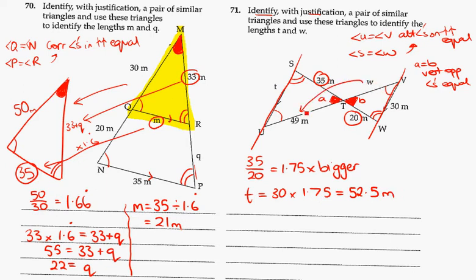And clearly W has been multiplied by 1.75 to get 49, so if I want to find W, I'm going to need to divide by 1.75, and we get 28 metres.